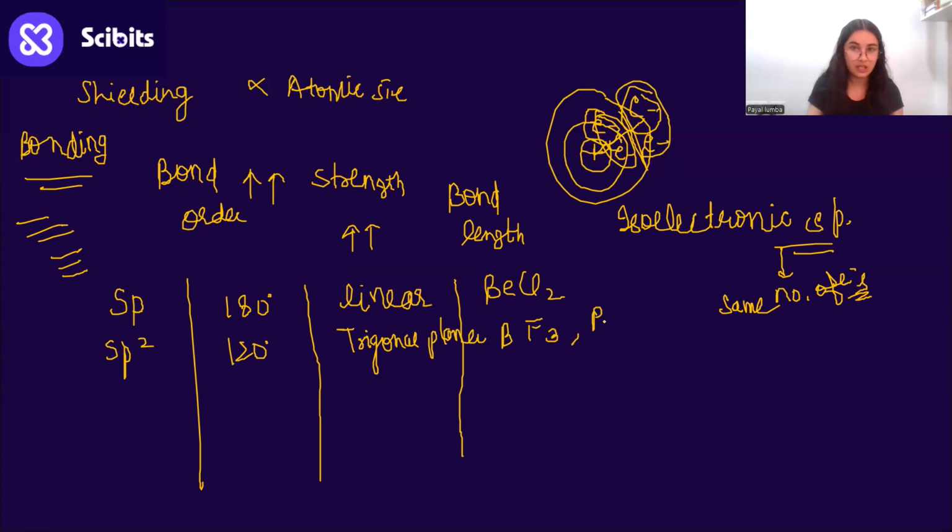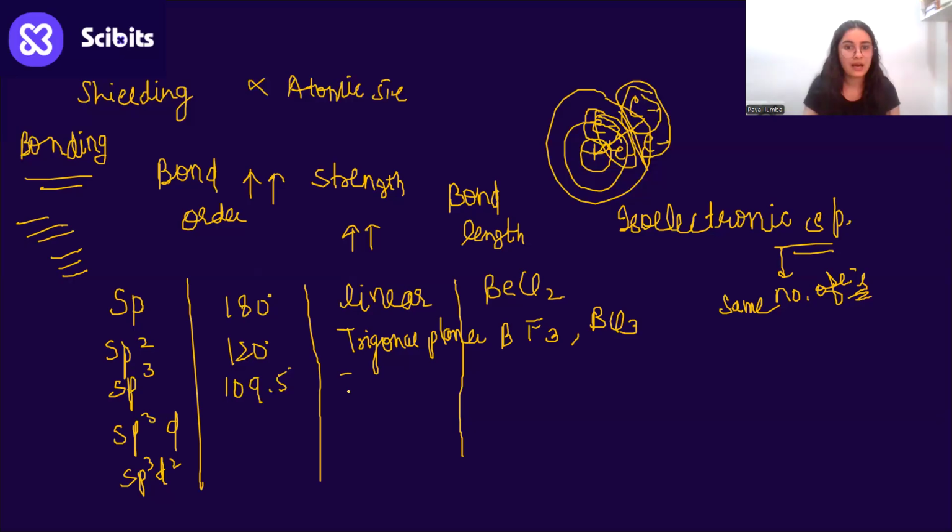For example, BF3, BCl3. For sp3, the angles are 109.5 degrees and the shape is tetrahedral, as for methane.